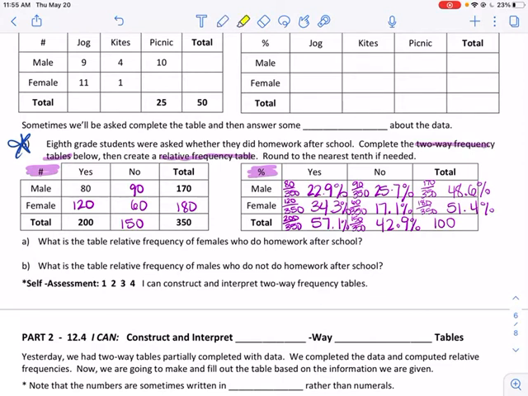It's going to be different if it says what percentage of males do not do homework after school. Then you'd have to calculate it with the total males. So then you'd have to do something different. I'll show you what it would be like in a second. But I'm just going to read from the table. Who do not do after school? 25.7.